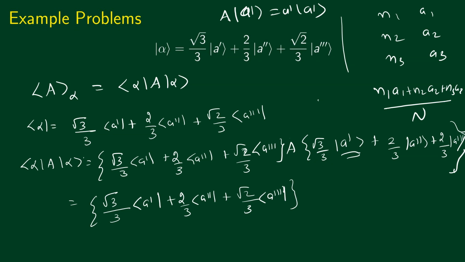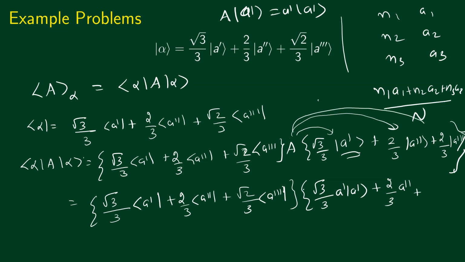The operator does nothing to this number, just moves past. So this number is still there: √3/3 a' ket a'. Now A goes here, and it goes past the number, so I have got 2/3, and A acting on a'' is the eigenvalue a''.